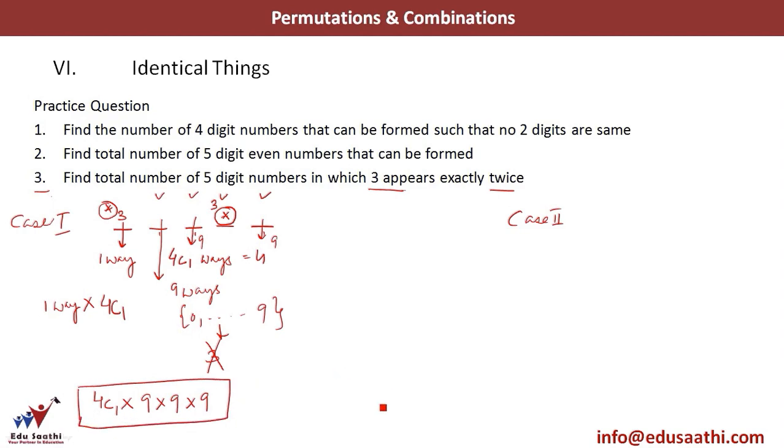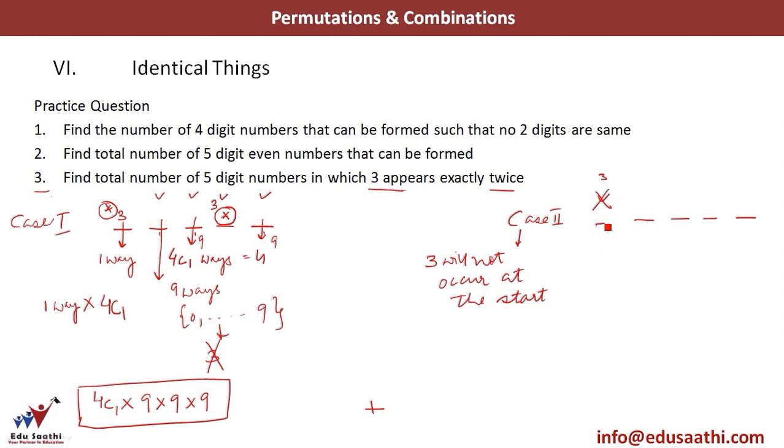But this is not the final answer, because I will need to add the number of ways I can write in case 2. Now what if 3 does not occur at this first place? In this case, I am assuming that 3 will not occur at the starting of the number. So this is definitely not 3.